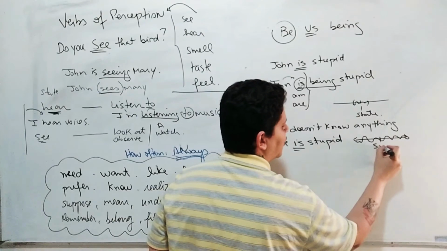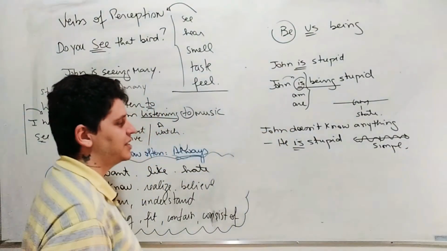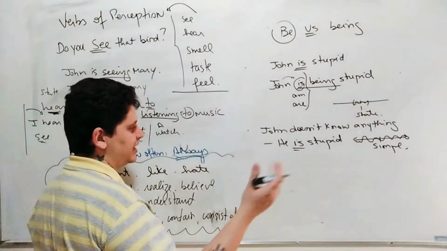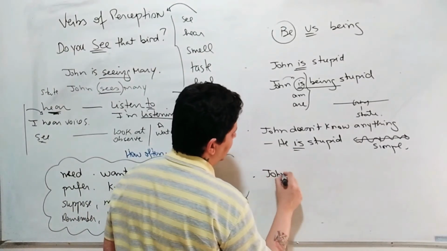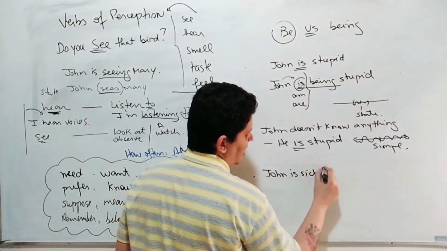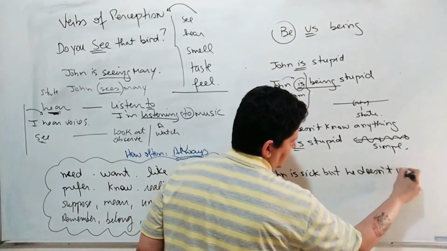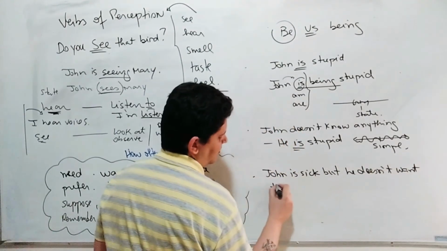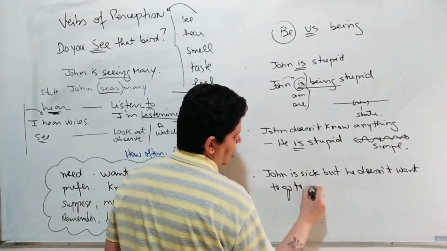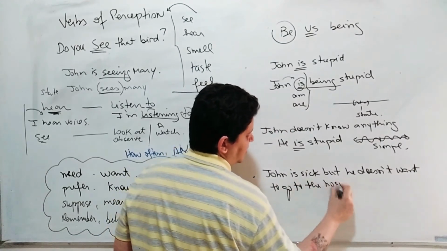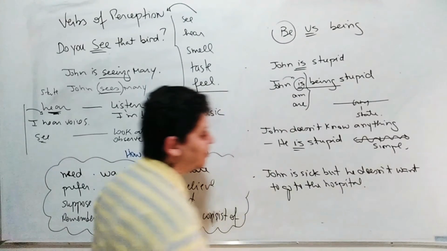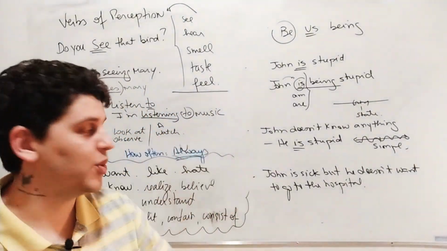So, he is stupid all the time. This is a simple form of be, right? But let's imagine another scenario. Let's say John is sick, but he doesn't want to go to the hospital. So you see that now it's a precise or a specific situation.